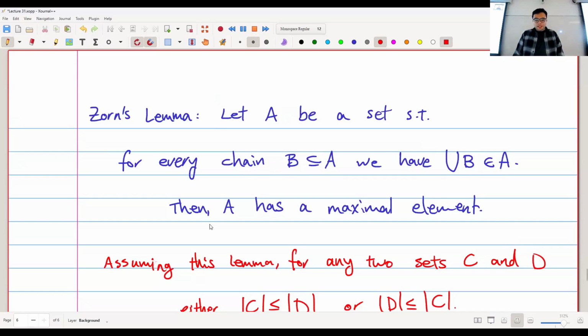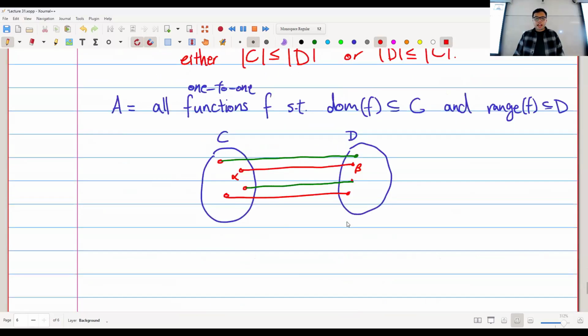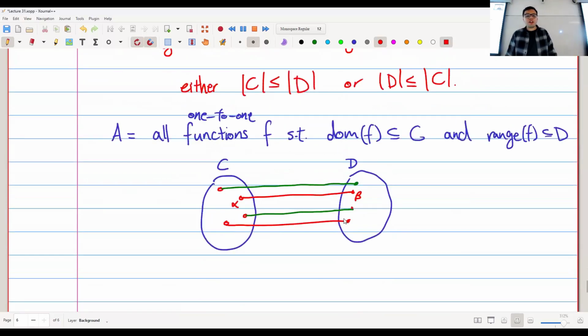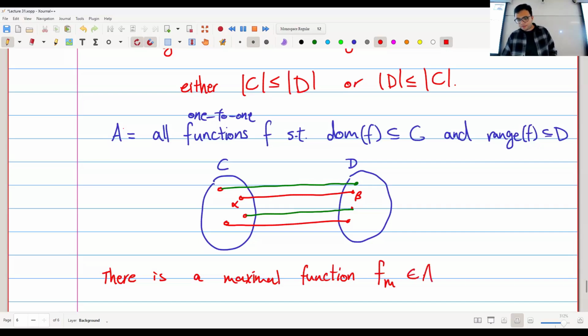So now Zorn's lemma says that A has a maximal element, which means that I have a maximal one-to-one function in this set A. Let's call it Fm because it's maximal in this set A.